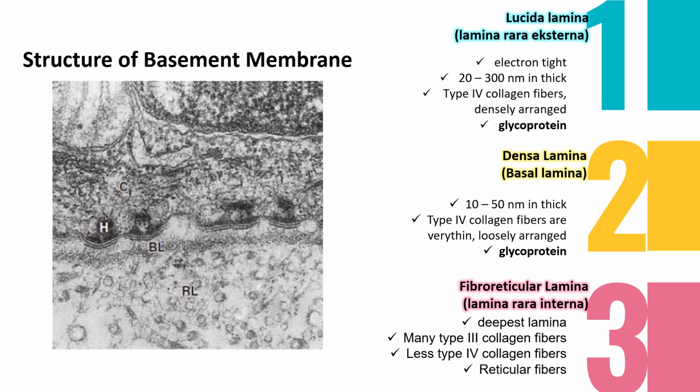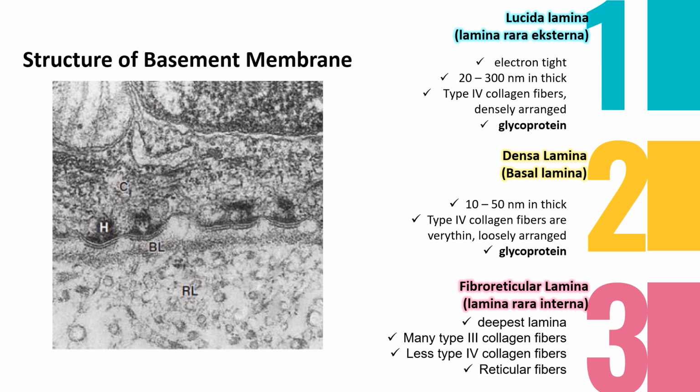Lucida lamina or lamina rara externa consists of glycoprotein, like densa lamina, and contains type 4 collagen fibers that are densely arranged. Dense lamina or basal lamina contains type 4 collagen fibers that are very thin and loosely arranged.